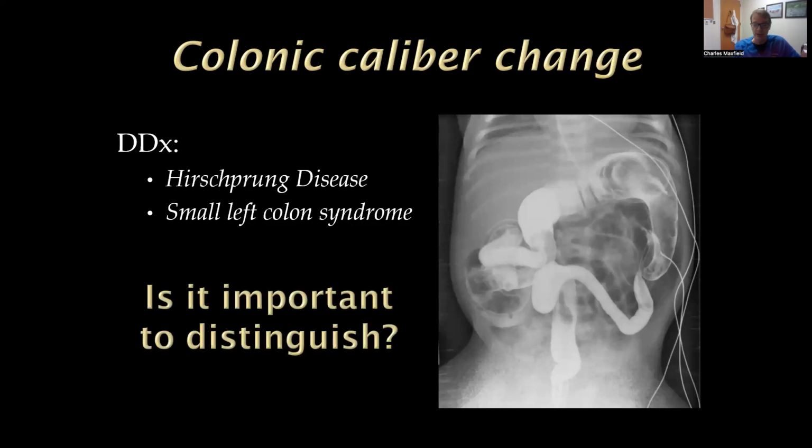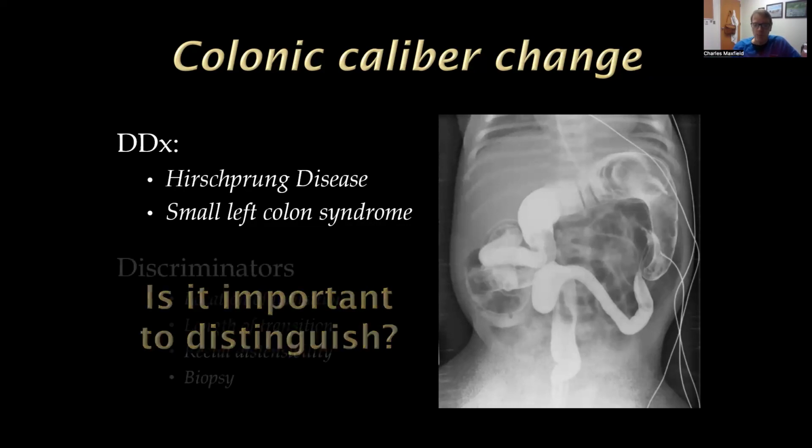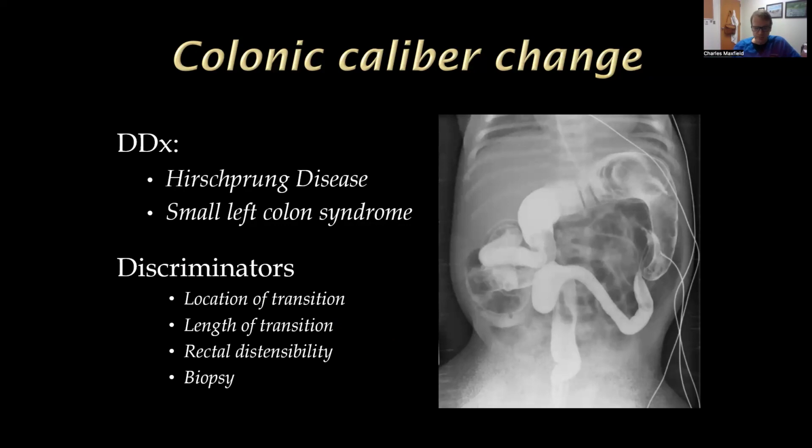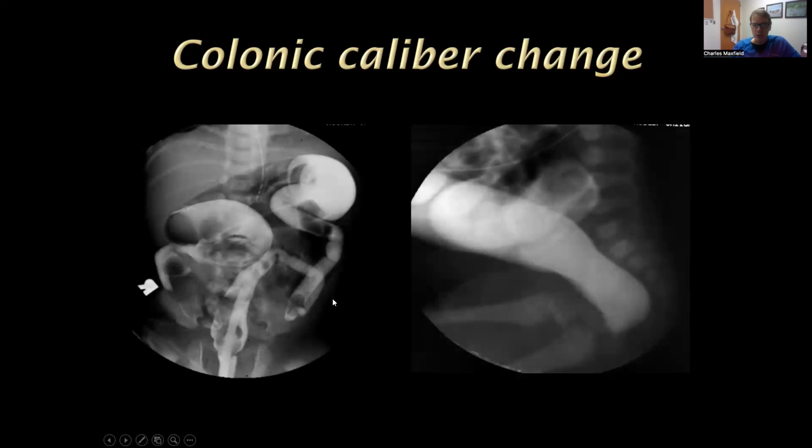So is it important? Yeah, you're darn right, because the Hirschsprung kids need surgery and the small left colon syndrome kids don't. So how are we going to distinguish the two? There are several ways. Sometimes, biopsy ultimately, if you need to look for those ganglion cells, but I can usually distinguish the two without a biopsy. And I do it by the location of the caliber change. Notice this child has a small colon, and the caliber change is right at the splenic flexure, right at the corner of the colon here at the spleen.